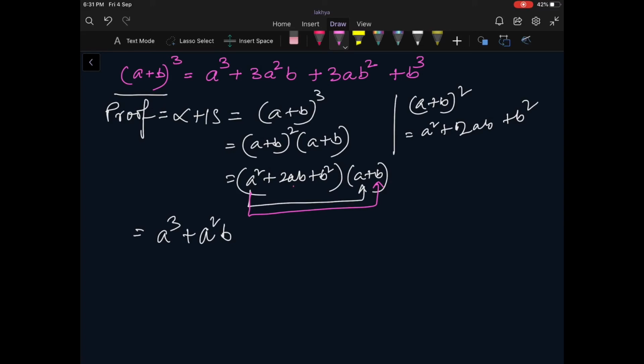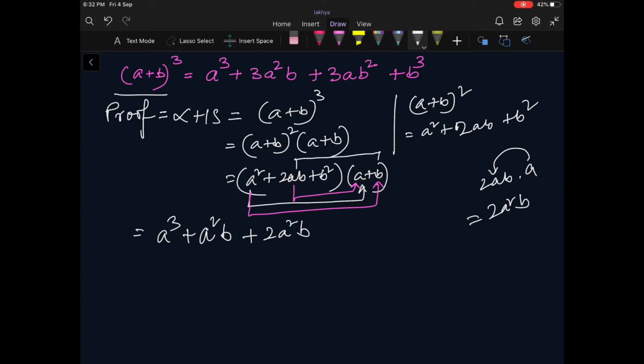Then what is the next term? Twice ab into a. If you multiply that two, you will get twice a square b. So our next term is twice a square b.